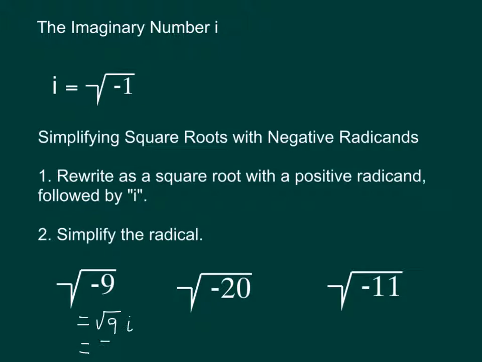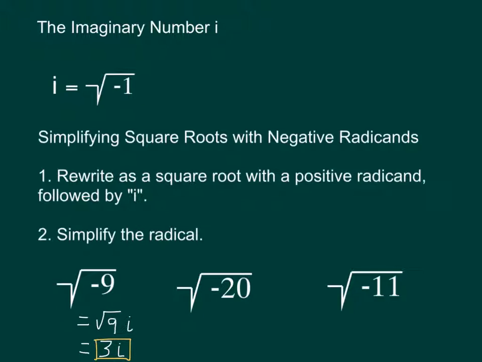The square root of 9 is 3, so then I just tack an i onto the end, and that's my final answer. 3i is the simplified version of that.